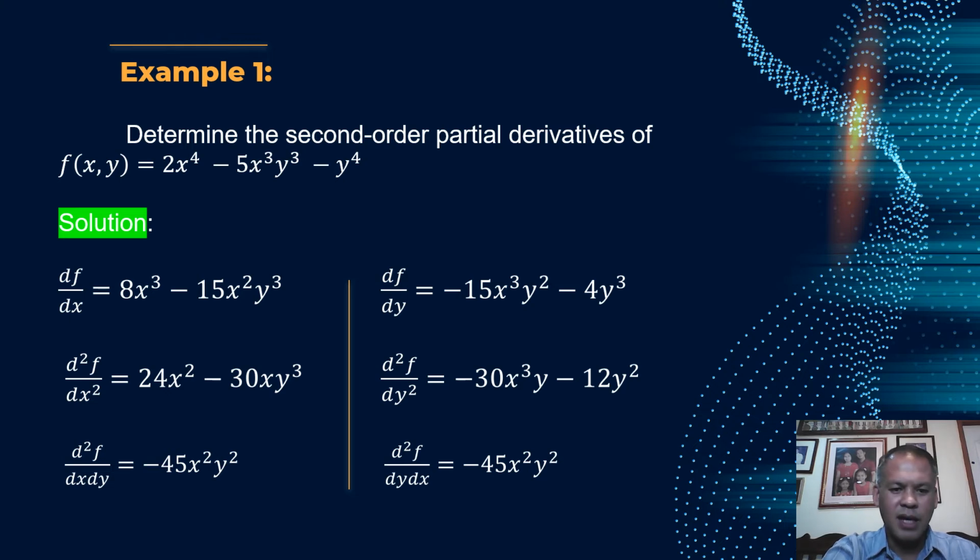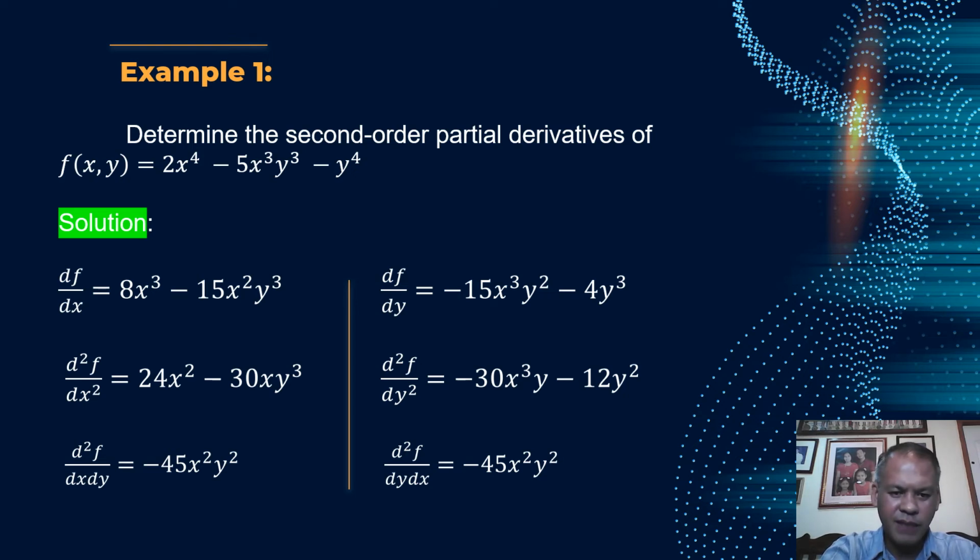So, if we look at df over dx, this is already the first derivative of the function with respect to x. So for the derivative of the function with respect to y, we will simply find the derivative of this with respect to y. So for 8x cubed, the derivative with respect to y is 0 because there is no y variable.